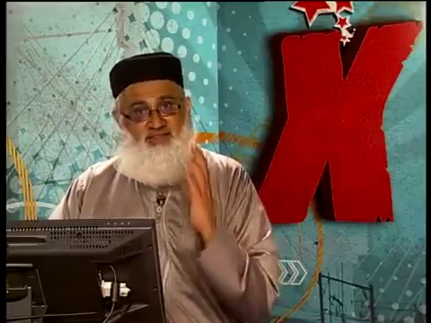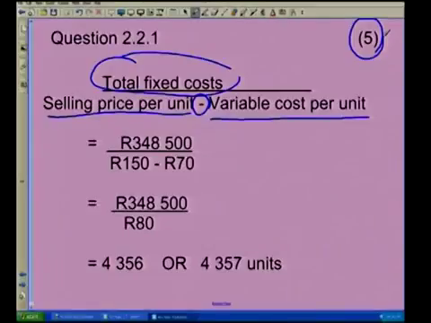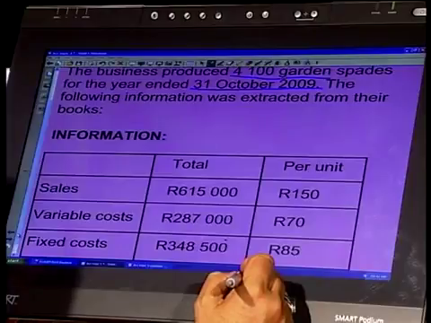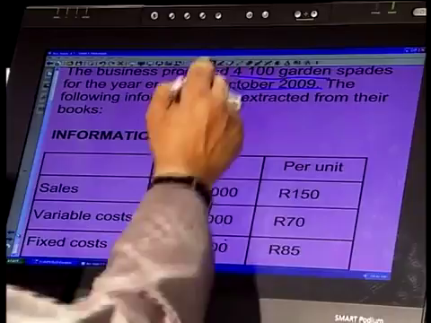In other words, grade 12s, if you don't know these ratios, say goodbye to 5 marks. Is that what you want to do? Certainly not. You don't want to do that. And therefore, make sure that you know that it's your total fixed cost divided by your selling price per unit minus your variable cost per unit.